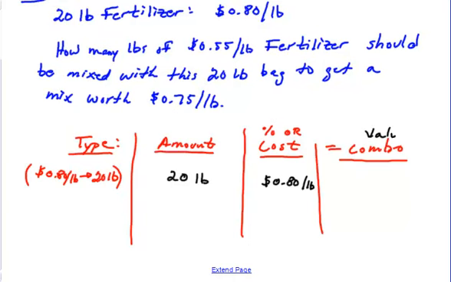In this case, we're talking about value for the combination. What's the value that I already have in my current bag? How do I get that? If I have a 20-pound bag that costs 80 cents a pound, how much do I have to pay for this bag? Okay. 0.80. And somebody tell me that number. I'm just going to go ahead and write it down so you can remember how we got it.